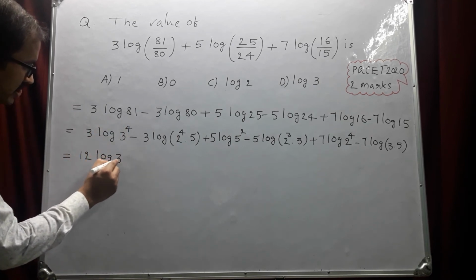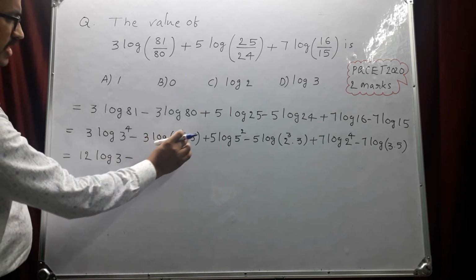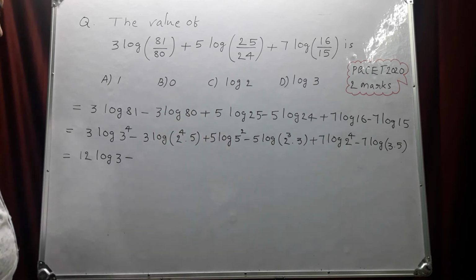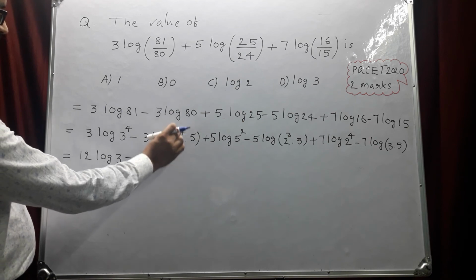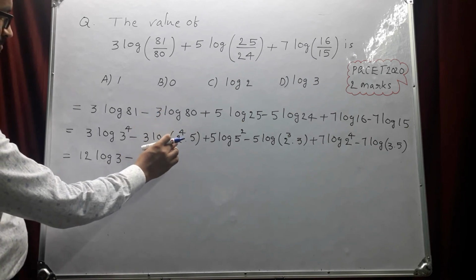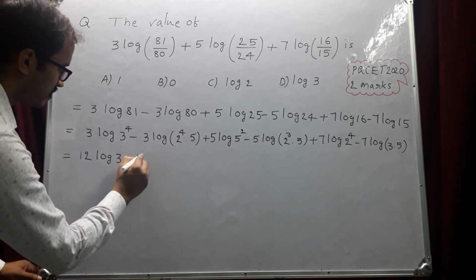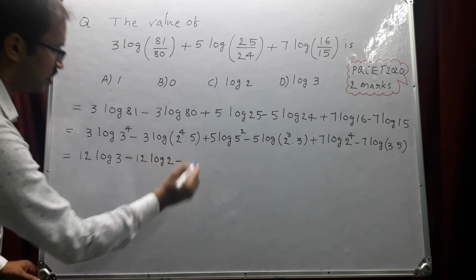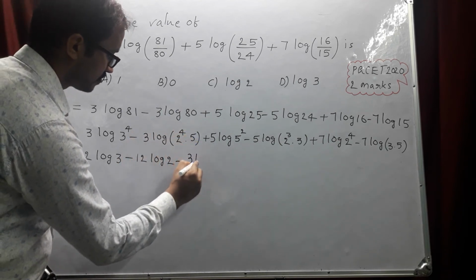12 log 3 minus, here log a into b can be written as log a plus log b. Again using the property, log a power b means b log a. So 3 4s are 12, that is minus 12 log 2 minus 3 log 5.